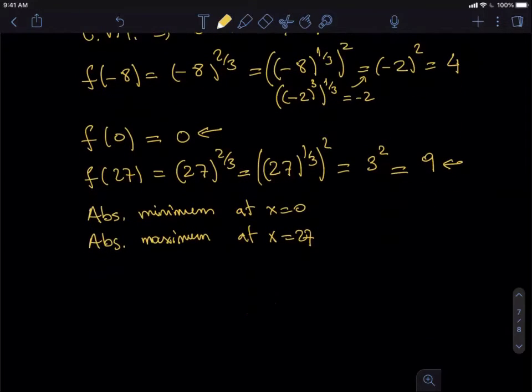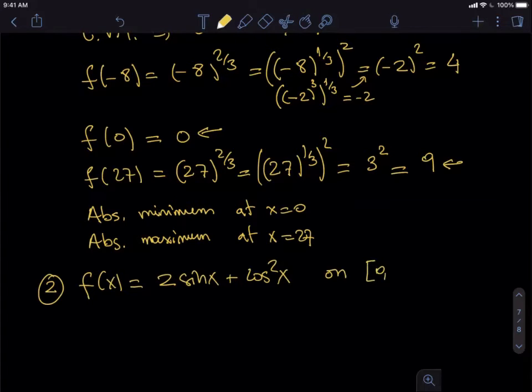Let's do one more example. Let's do something more complicated now. Let's take 2 sine of x plus cosine square of x, something that we cannot guess easily. And let's work on the interval 0 to pi.